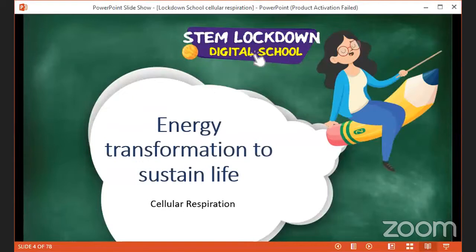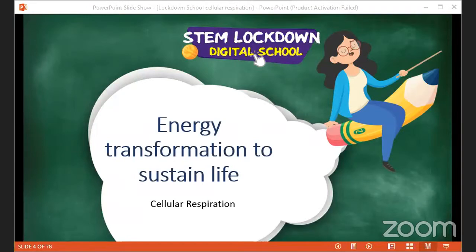So today we'll be looking at energy transformation to sustain life, and the process called cellular respiration. Now, guys, don't confuse cellular respiration with gaseous exchange. There is a difference between them.